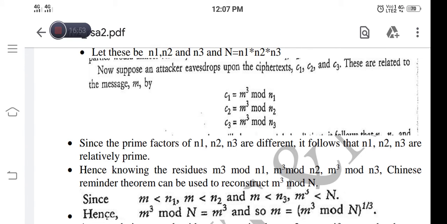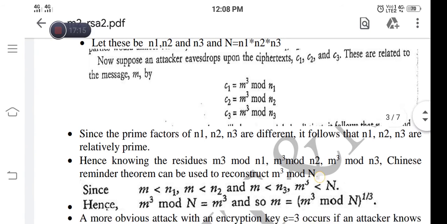So, once we know the values of M cube mod N1, M cube mod N2 and M cube mod N3, the Chinese remainder theorem is used to reconstruct M cube mod capital N. We have capital N equals N1 into N2 into N3.